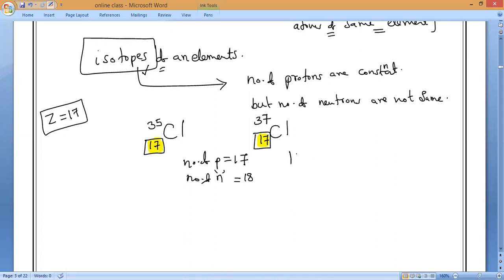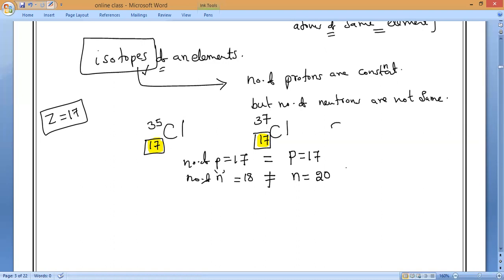So the number of protons is 17 only, but the number of neutrons is 20. Have you noticed it? The number of neutrons is not equal, but the number of protons is equal.